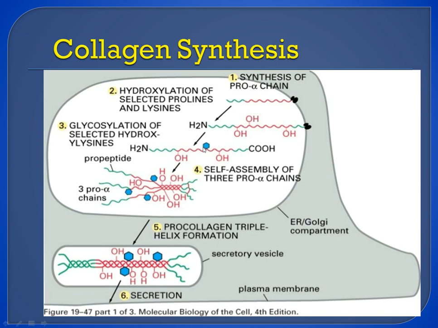So glycosylation occurs. Now the next step, that is the fourth step, is the self-assembly of three pro-alpha chains. Now these three pro-alpha chains will get self-assembled and pro-collagen triple helix formation occurs with the formation of disulfide bonds between the registration peptides at both ends of the pro-collagen.